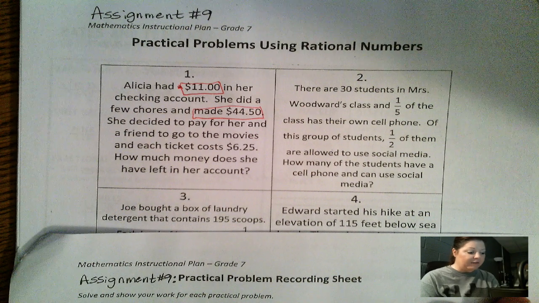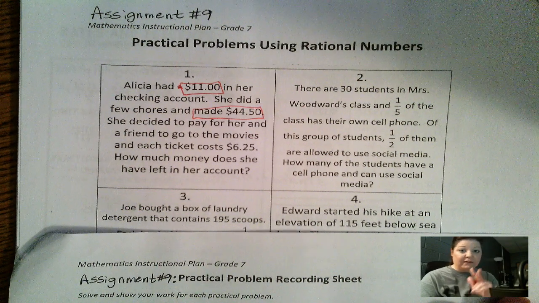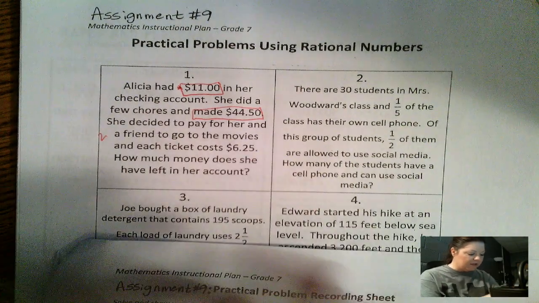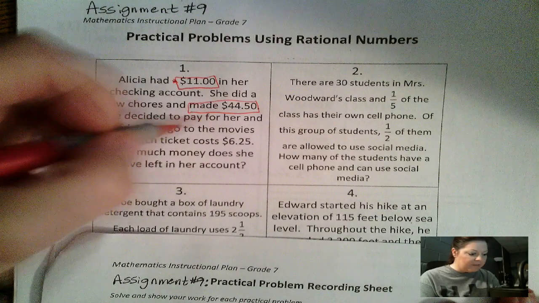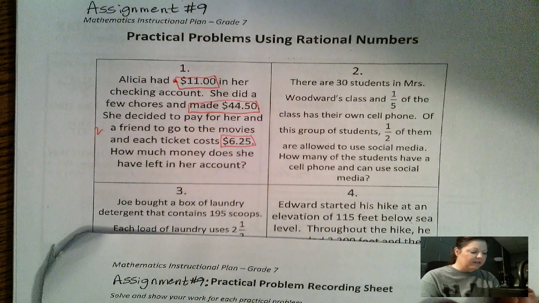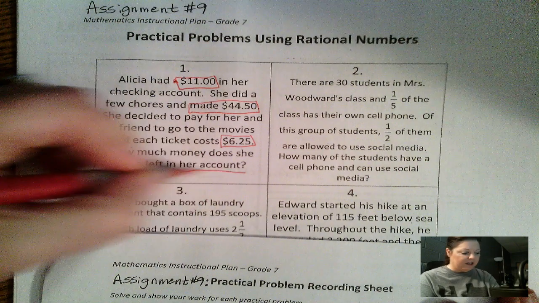She decided to pay for her and her friend to go to the movies, so 2 people are going to the movies, and the movies cost $6.25 each. How much does she have left in her account?